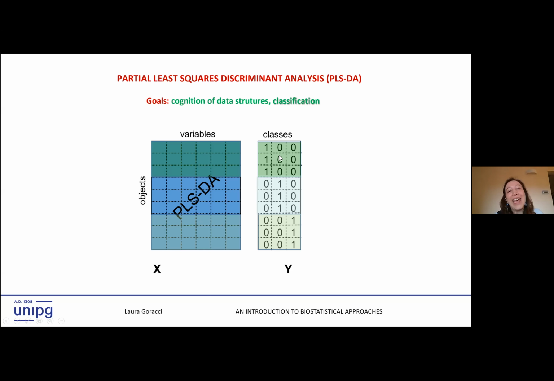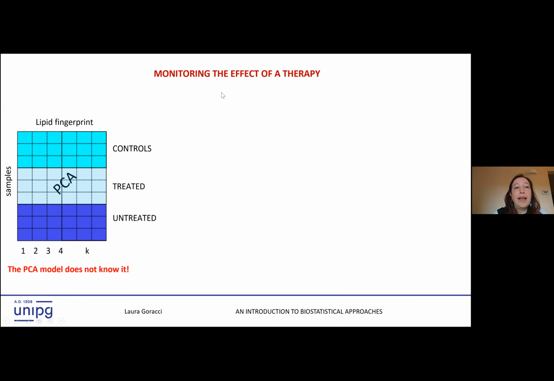This is the correct way to write. In this way, the groups will all have the same weight, in a very simple approach. So don't use a single response 1, 2, and 3. This is much better. And now let's use the last minutes to look at some real case studies.